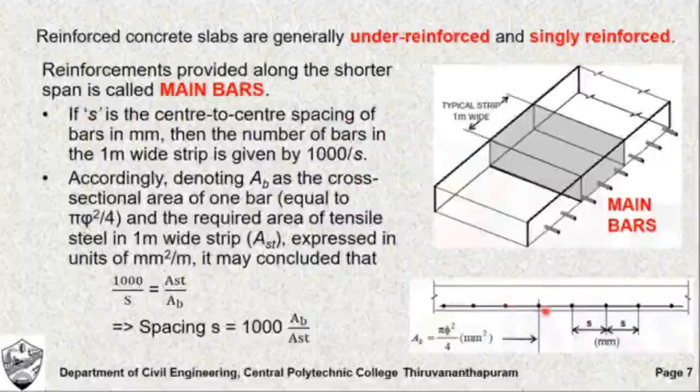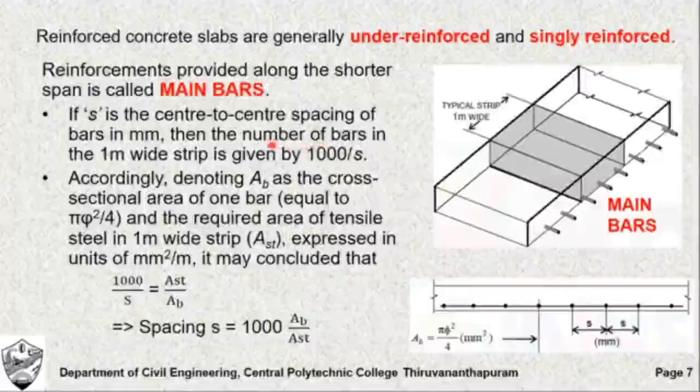So what is the spacing between the adjacent bars? Since S is the spacing between bars, and we have a 1 meter wide strip of beam, in order to find the number of bars, if we know S and we know the width of this beam, we just have to divide the width of the beam by the spacing between two bars to get the number of bars.